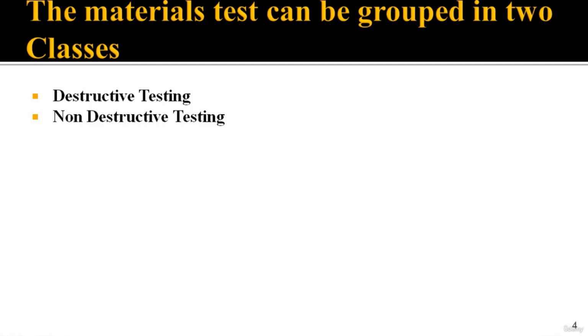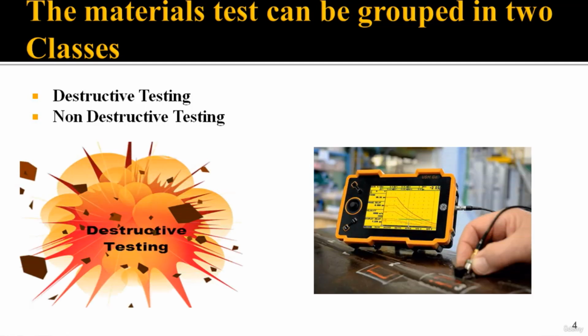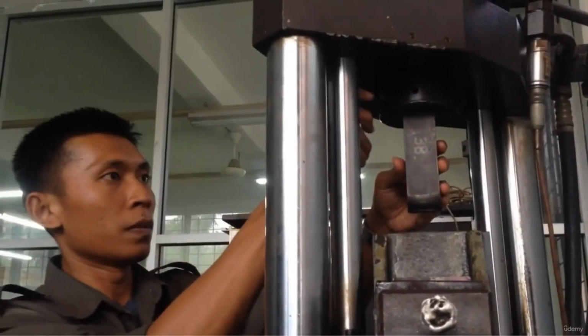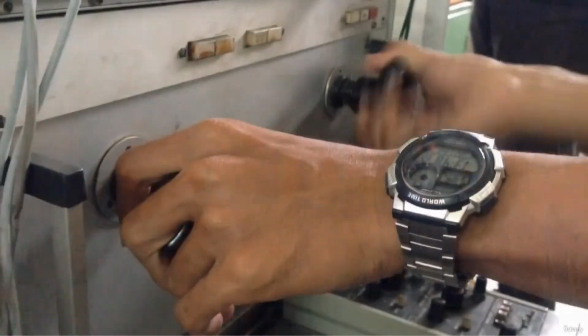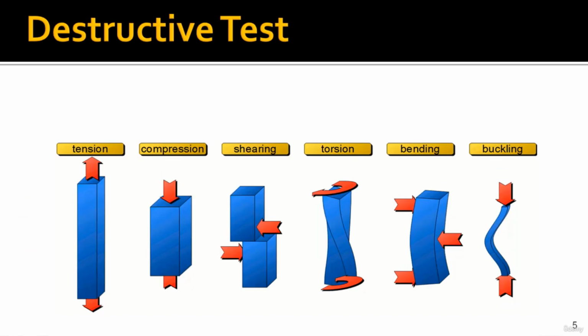Destructive testing is a form of object analysis that involves applying a test to break down a particular material to determine its physical and mechanical properties such as strength, toughness, flexibility, and hardness. It means if you are testing a particular specimen or part, you cannot use it again and again because it will be destroyed while testing.